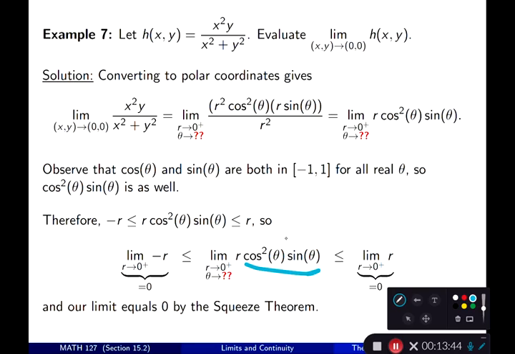And this is sort of a proof of it, as we showed before.